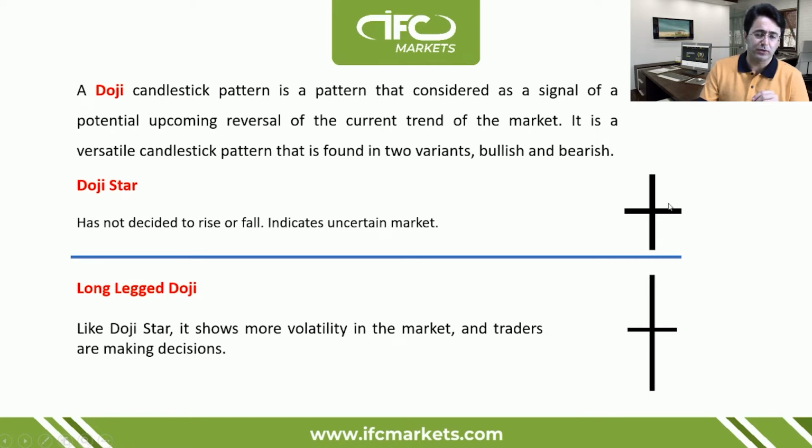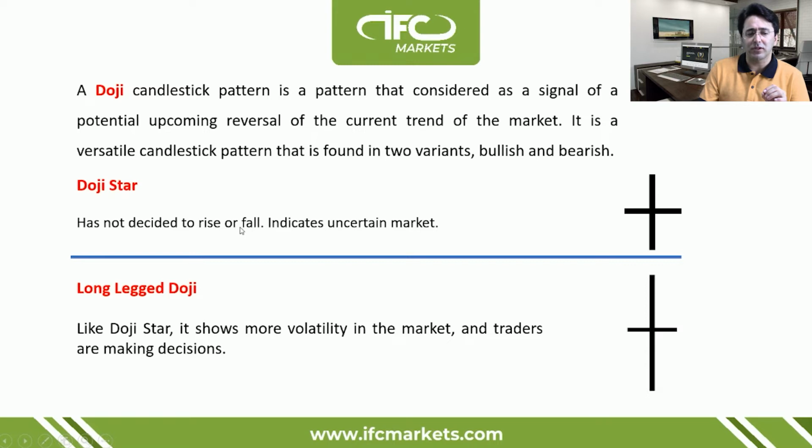So it looks something like a plus sign, where the upside and downside are almost the same size. When the size is the same and small, we call it the doji star.